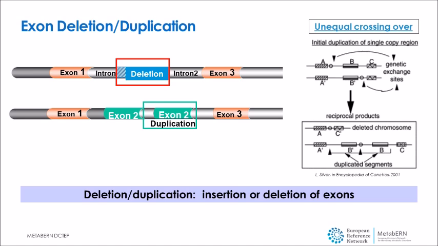The recombination products of such an event are, on one side, a duplication of the site of the exchange, and on the other side, a reciprocal deletion. Population differences in deletions and duplications are also called copy number variations, or CNVs, that are of interest because of their potential effects on gene expression, phenotypes, and disease.